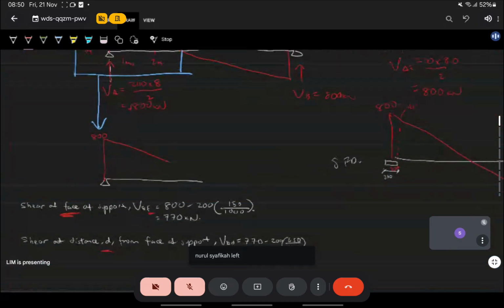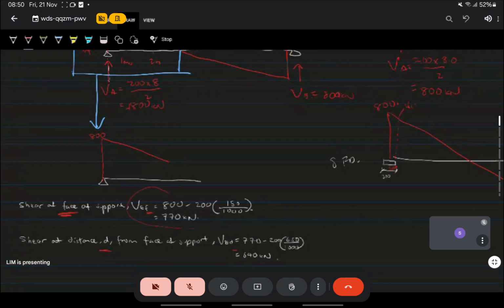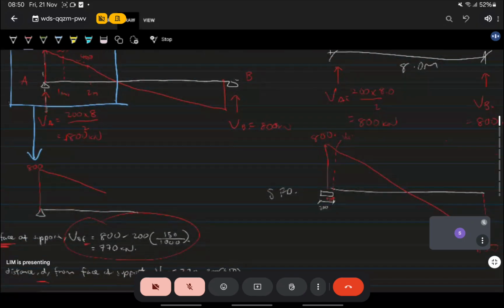You have to account that it's moved by 150. VEF is actually 700, which we calculated earlier. If you forgot, go back to this calculation from last week and try to understand it.